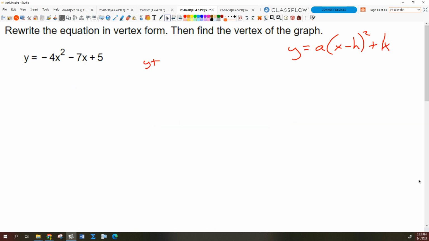Okay. So we're going to subtract the 5 to the other side, and we'd get y minus 5 equals 4x squared minus 7x. Now what?